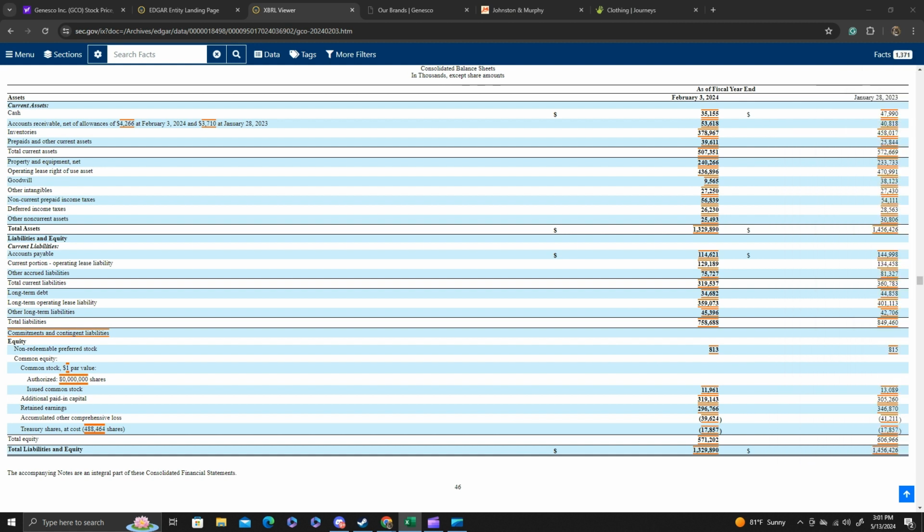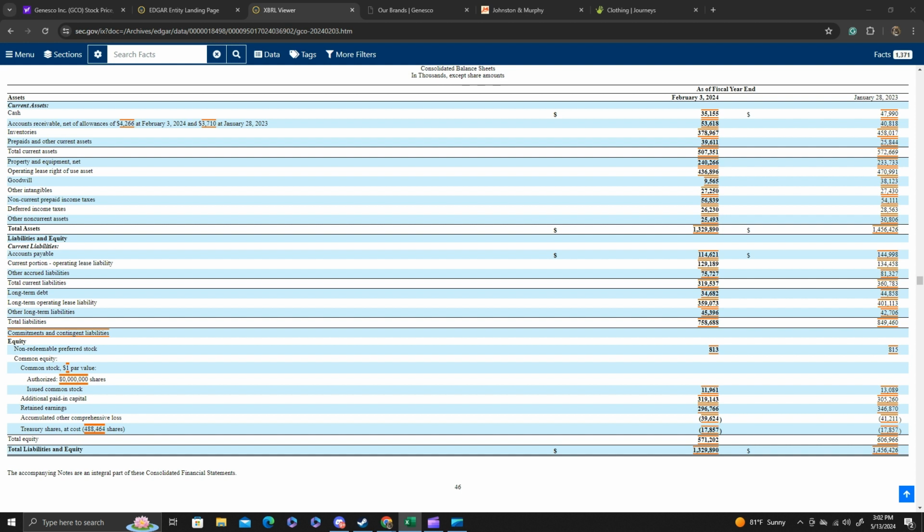So we have cash. Obviously, you don't want to do just cash. 35,155. And they have accounts receivables of 53,618. Inventories, which is their biggest one, inventories of 378,967 million.